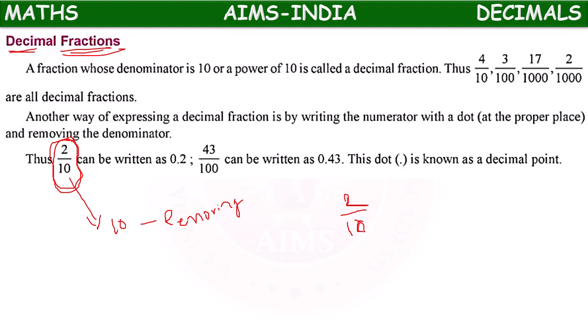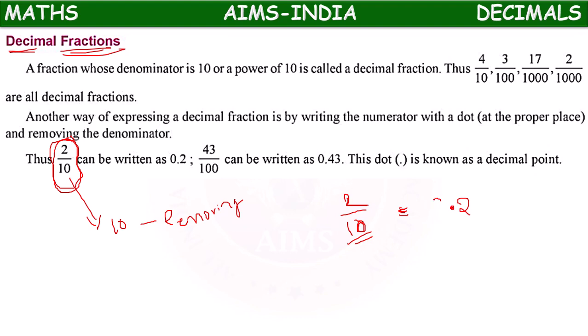In 10 we have one zero. So in the numerator, after one digit from the right side, towards the left, we have to keep a point, because we are removing 10, which has one zero. So towards the left side of 2 we keep a point.